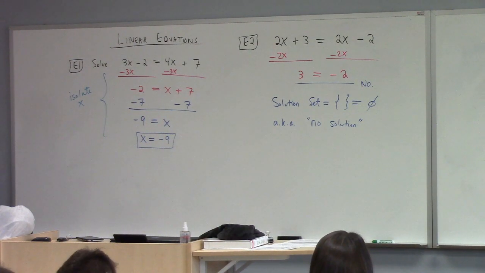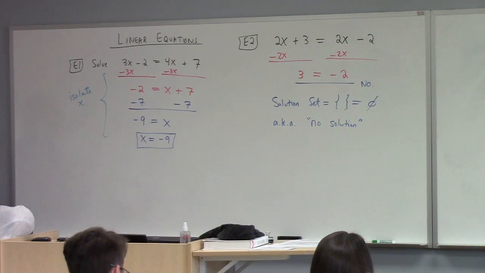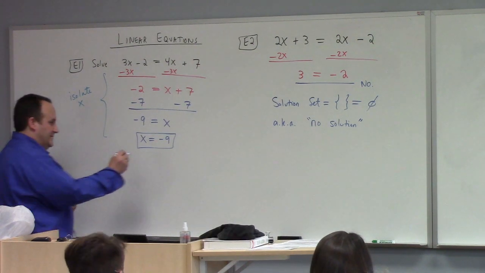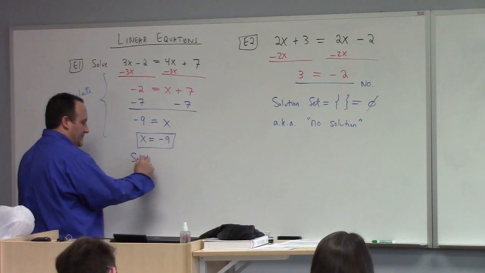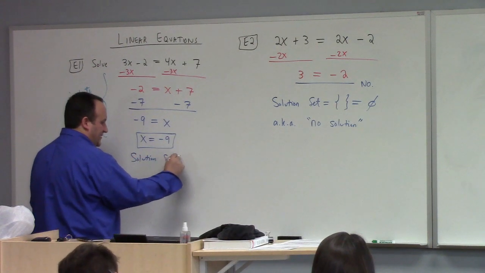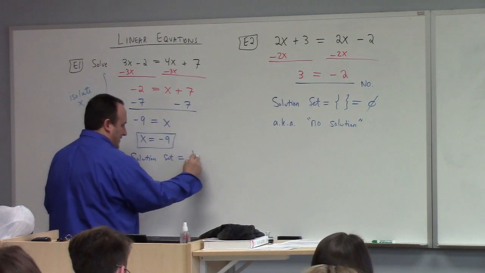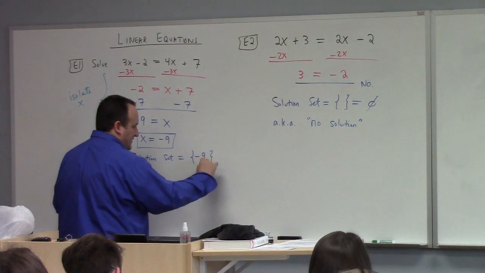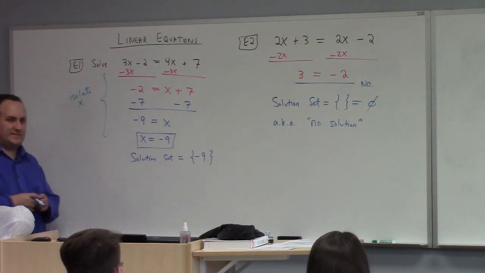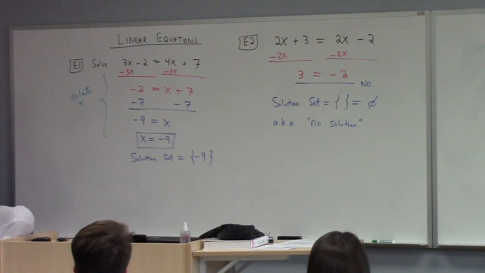Sometimes we ask for the solution. What's the solution set for example 1? It's very silly. The solution set here is called a singleton. It's a set which just contains one number. This becomes more interesting when there's more than one solution, yeah?